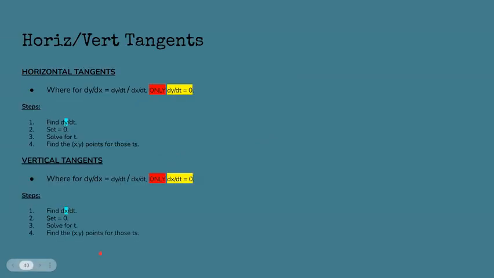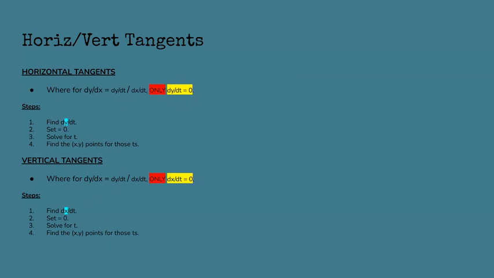All right, now you also might be asked to find all the places where there are horizontal or vertical tangent lines. Now to find the horizontal tangent lines, you basically have to know that it's going to be where dy dt, or the derivative of the y equation, equals 0, and only that.